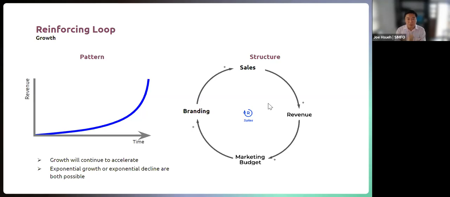Now I talk about the grammar of system language. Now loop is like the sentence, if you will. Why is loop important? A feedback loop, because our fundamental belief is that the behavior that we observe in the real world, the different type of pattern, let's say our revenue growth is exponentially growing.